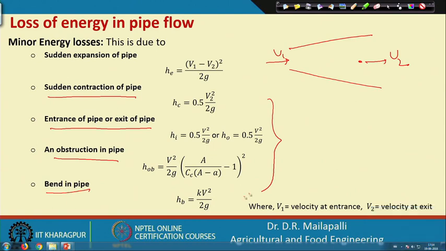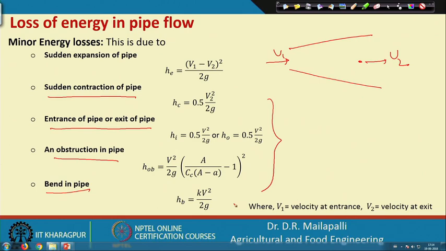You can also get these minor head losses using the table, which will be discussed in the pumps section. There is a nomograph for a particular shape or bend type. For example, if you are talking about pumps, at the bottom you have a strainer, then a bend and then a valve.